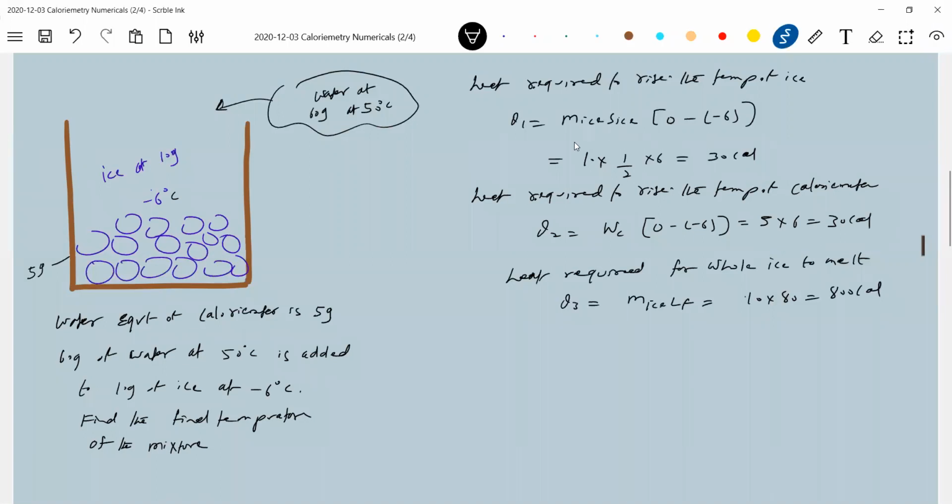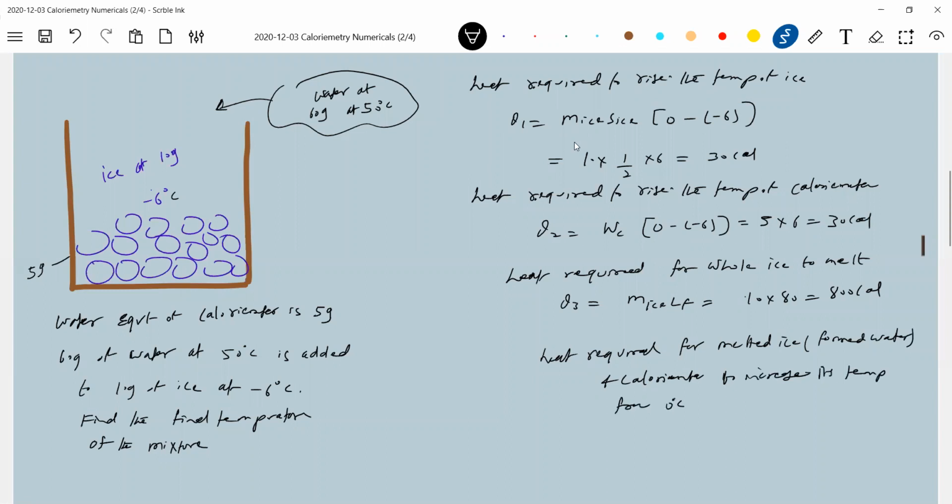Now, heat required for the melted ice, the newly formed water, and the calorimeter to increase its temperature from 0 degrees Celsius to T degrees Celsius, which we don't know.